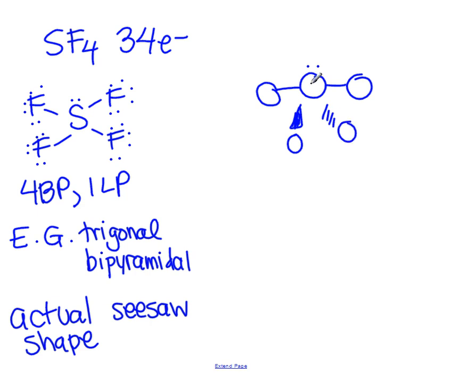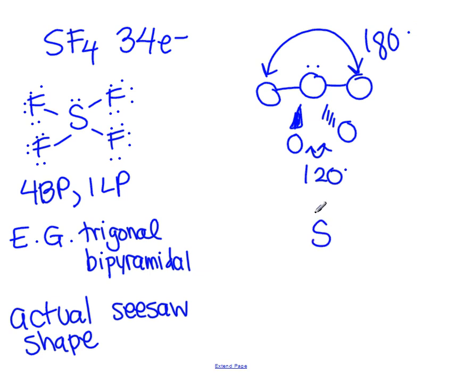And again, remember with this one, bond angles here around the equator are 120, and our north and south pole are 180. If you want to draw these in with the atoms, you can. If you did that, it would just look like this.